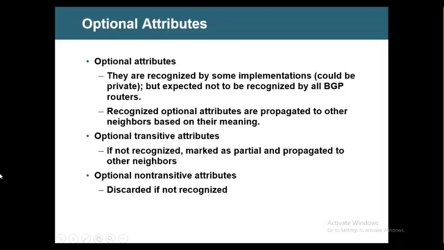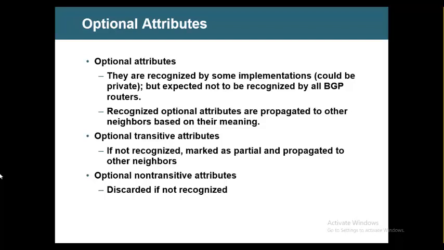So in transitive, you are expecting some optional attribute in the update. If it is seen, you use it. If it is not seen, you just mark the update as partial, so that if there is another update from someone with the optional attribute, you can prefer that and ignore this.